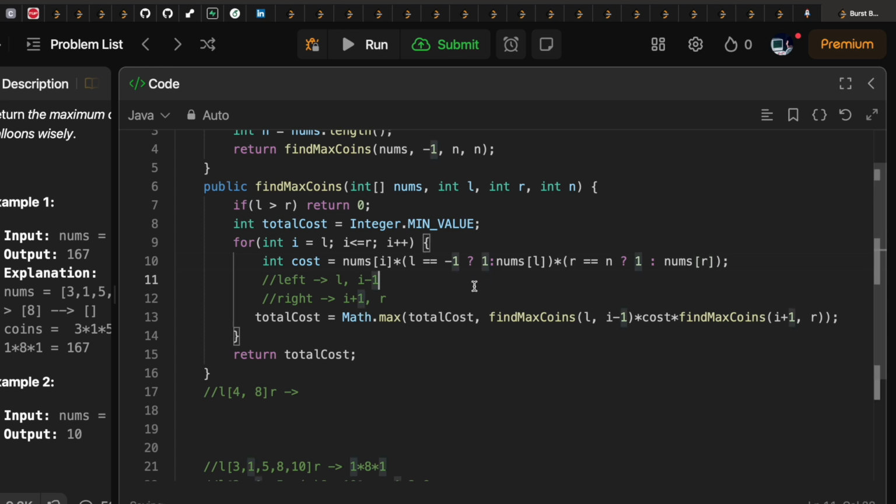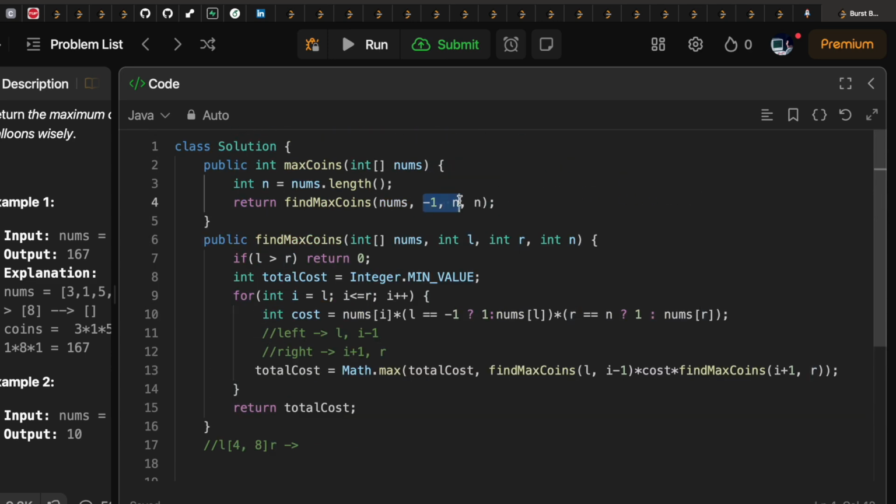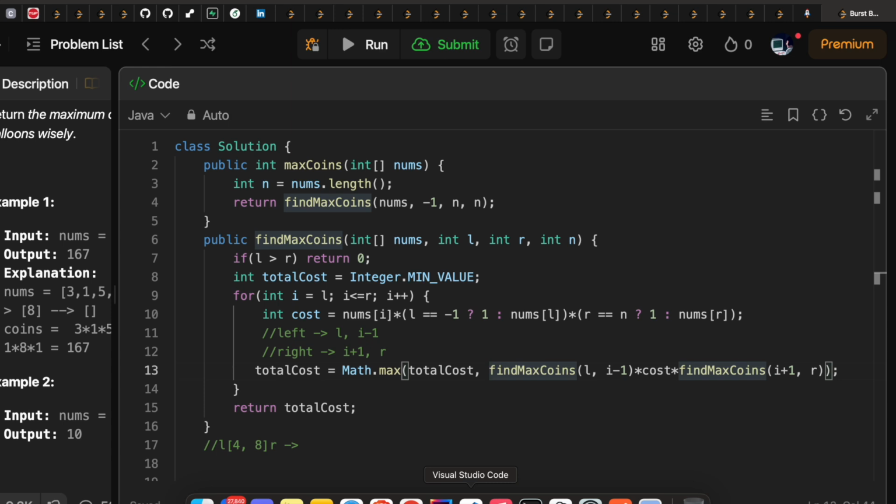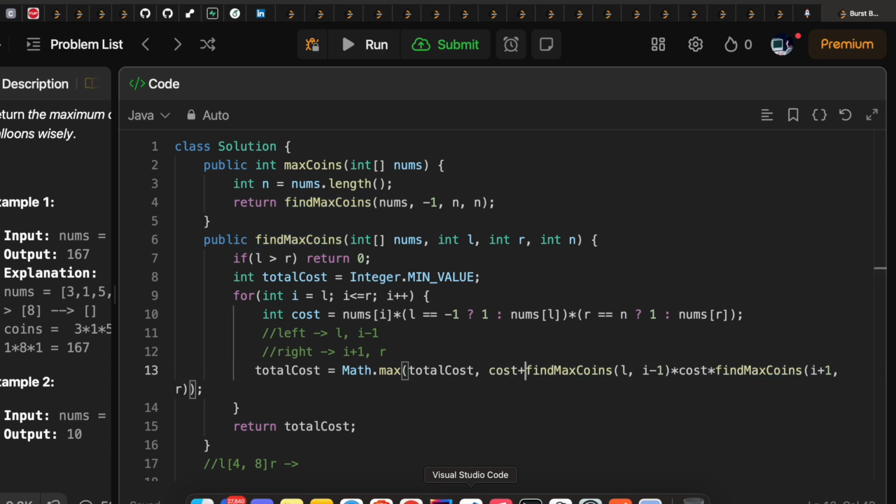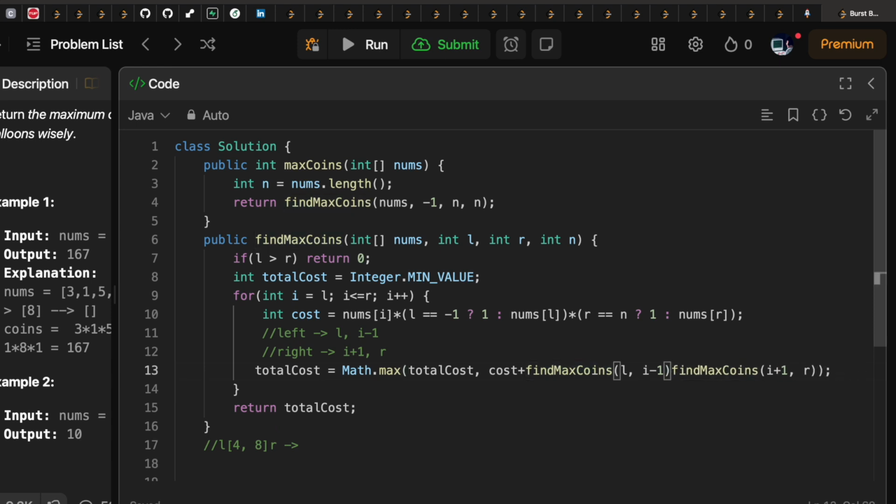What we are doing is, for 8 we have nothing on the left and nothing on the right, so that means L will be minus 1. We are computing the current cost as this, and the total cost will be this cost plus the left cost and the right cost.